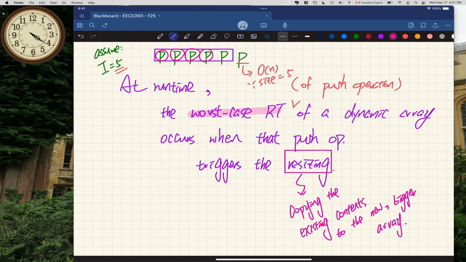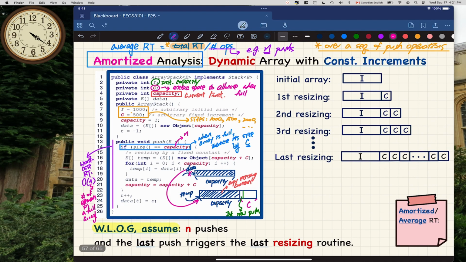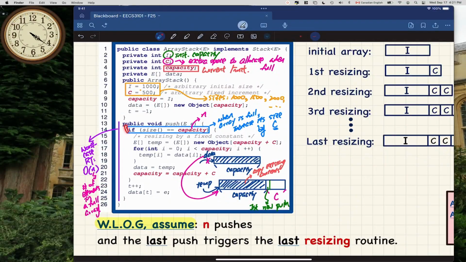What's the running time? Let's go back to the code. If you go back to the code, this condition is not satisfied, so we haven't really got the array to be completely full just yet. In that case, all we got to do is just increment the counter and then do the assignment to do the push. So this part here is big O of 1.